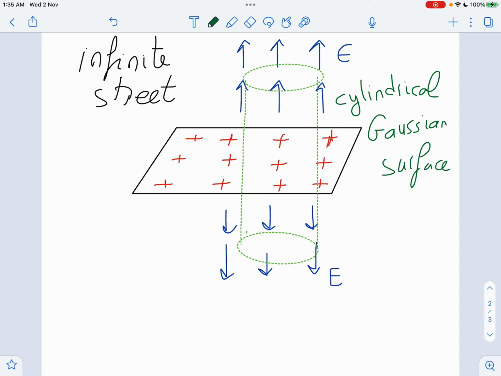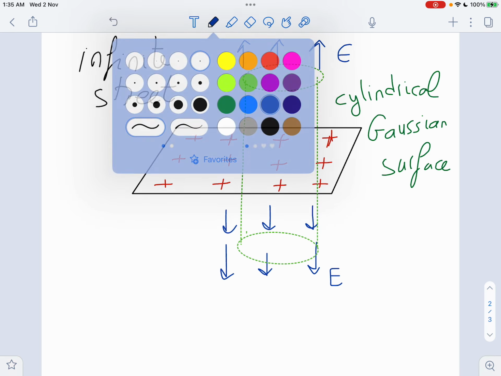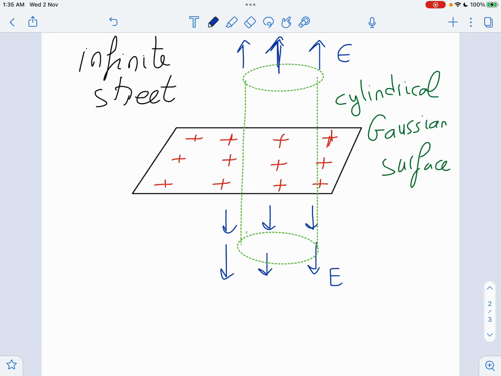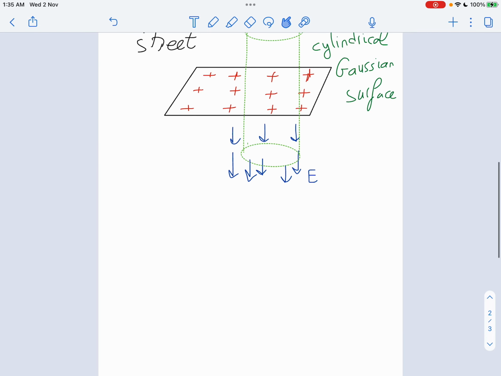Okay, let's remove those so you can see how the electric field looks on that surface. Here I have the electric field. All of those electric fields have the same value. Now I use Gauss's law.